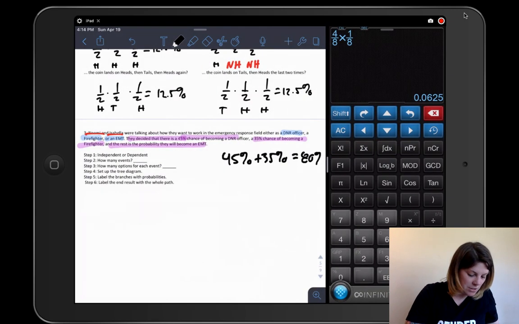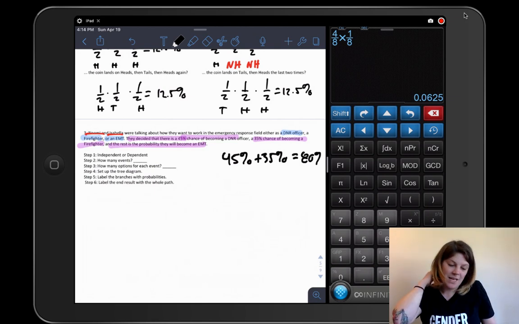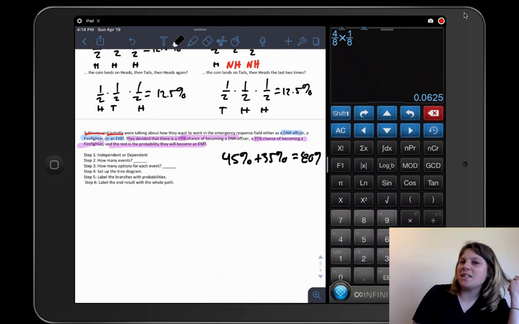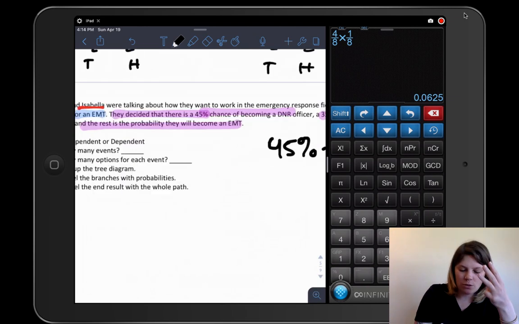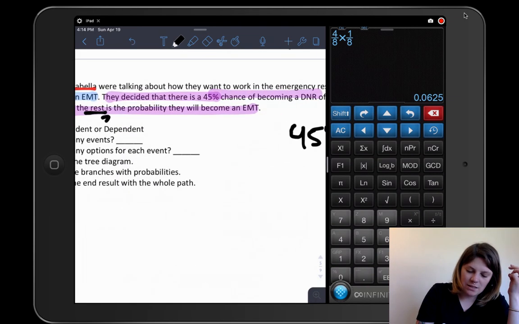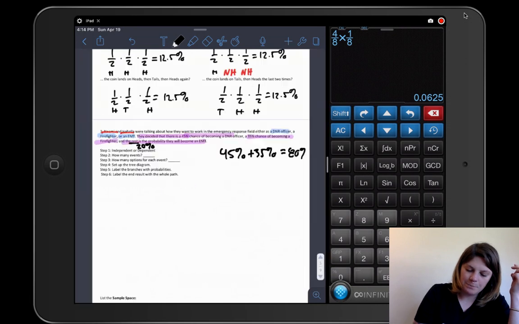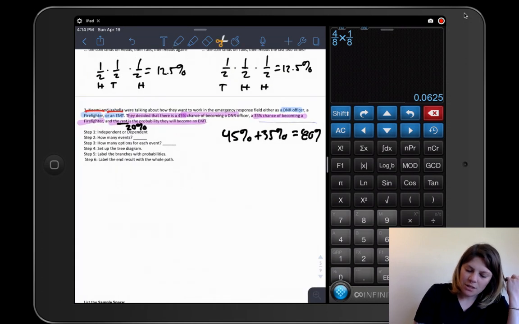So let me make sure, because I make mistakes all the time. Yep. And so when that says the rest percent is the chance that they become an EMT, they're talking about up to 100%. There's only 3 choices. So we would say the rest is a 20% probability.